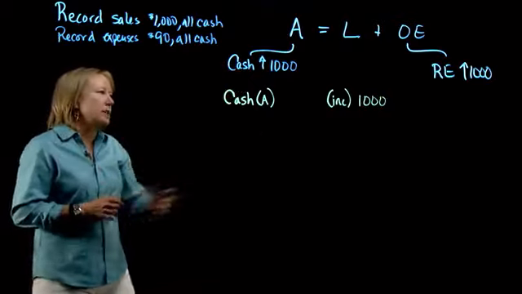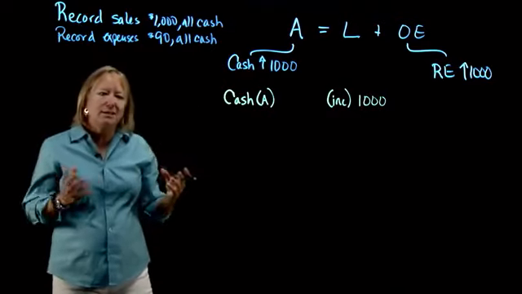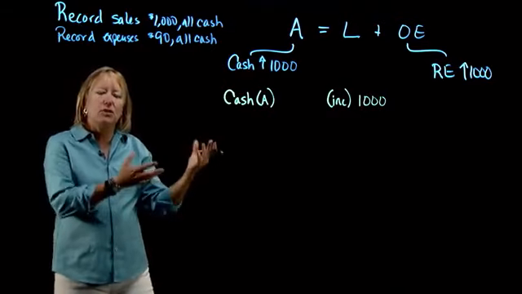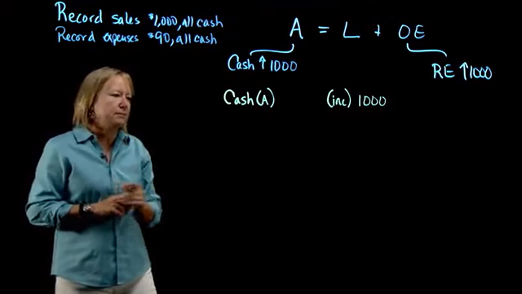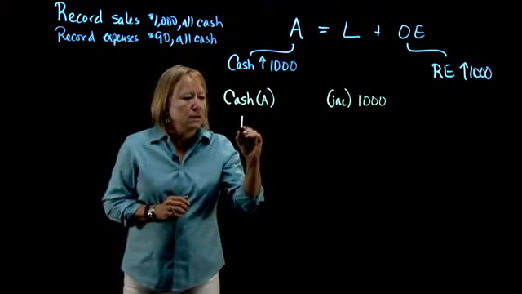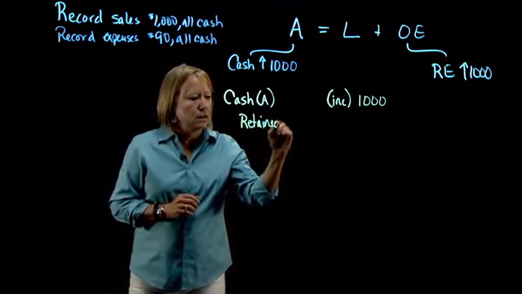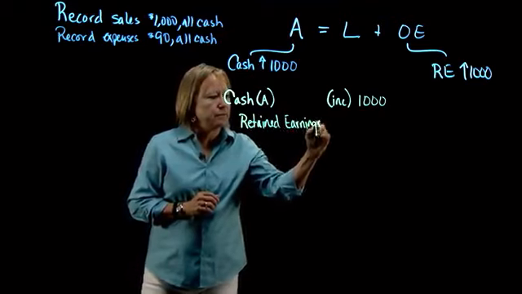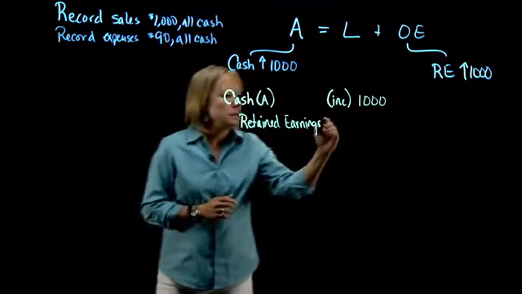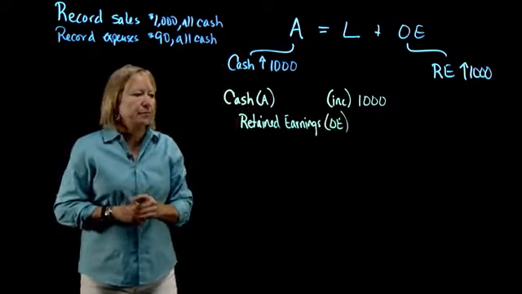The other side of the entry would be an increase to the retained earnings account. Retained earnings is an owner's equity account. It's increasing, so it is a right-hand side entry or a credit. So I put my account name, retained earnings, an indication that it's an owner's equity account.